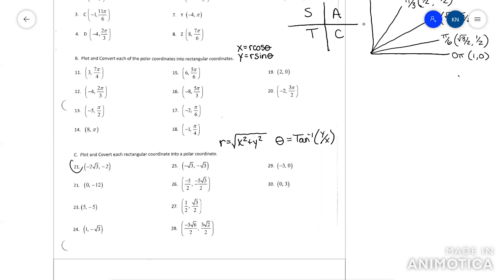So let's look at number 21. This is a rectangular coordinate. I know that because when I look at it, there's no theta. There's no angle that they're giving me. So if I were just to plot this normally, it would be here in quadrant 3, right? All right, so let's go get the r first. Your r is the square root of the x squared plus the y squared.